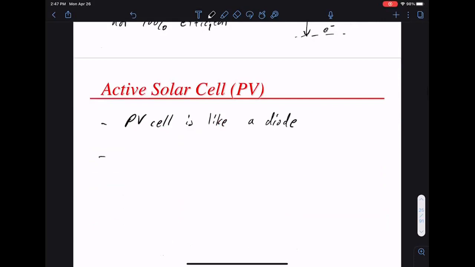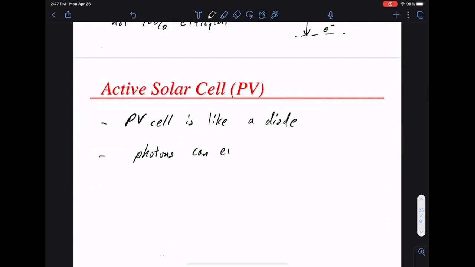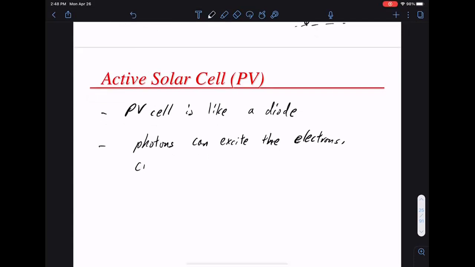What we have is photons that can excite electrons, and this creates current. So you need some excitation process to get this current.